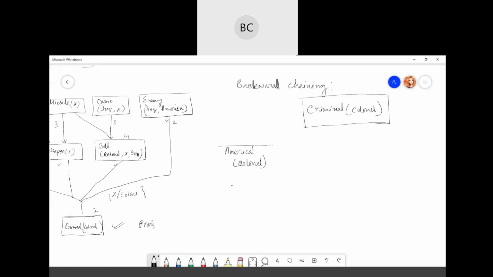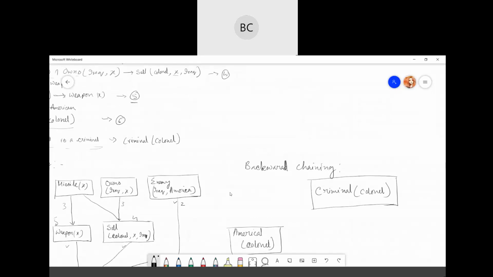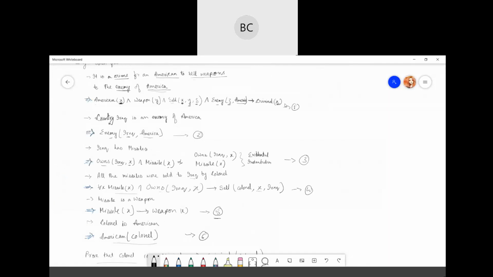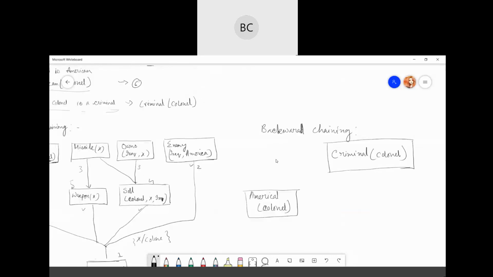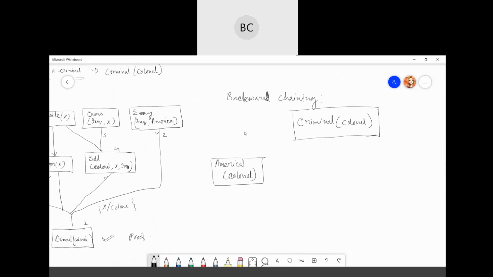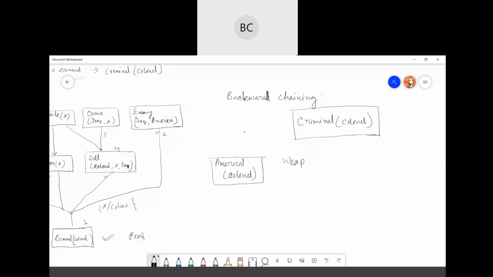I can directly write colonel here because in the initial fact it was X. Criminal X, American X. Now our goal state is criminal colonel, so I can just replace all the X with colonel. It's the substitution process. So next was weapon Y. Weapon Y will remain Y because we don't care about this variable.